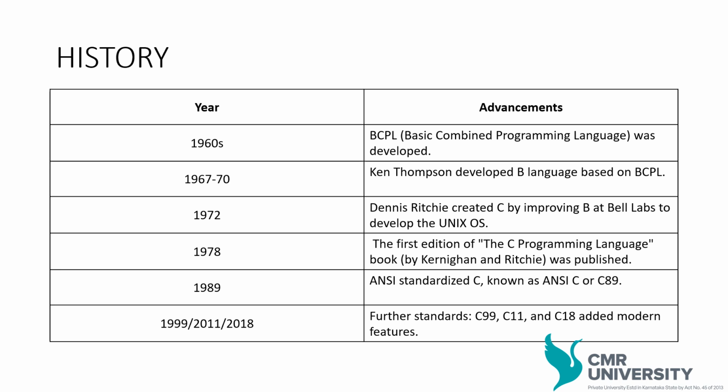In 1978, the first edition of the C programming language book was published, which everyone can go through, refer to, and learn the C programming language.